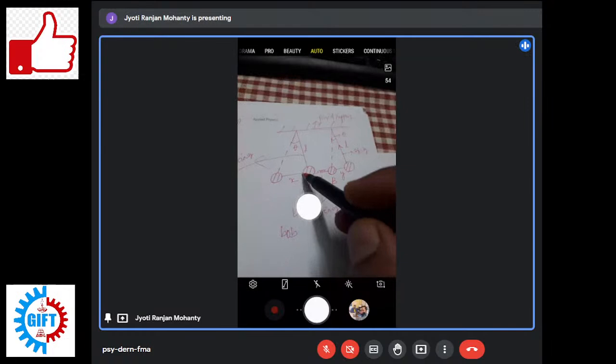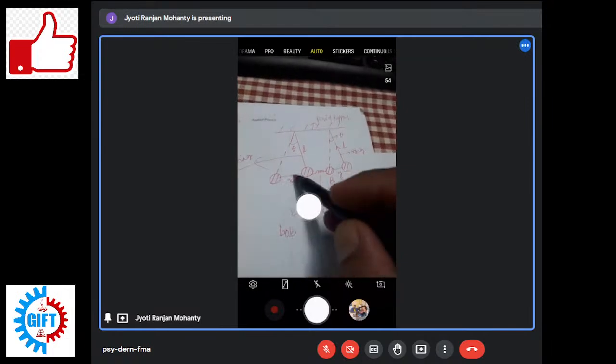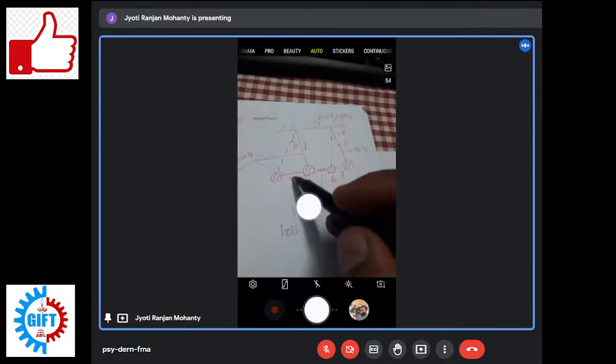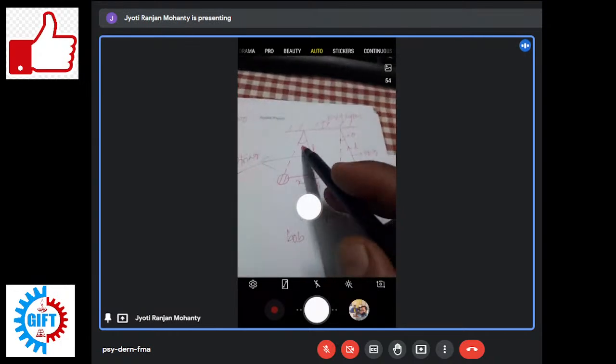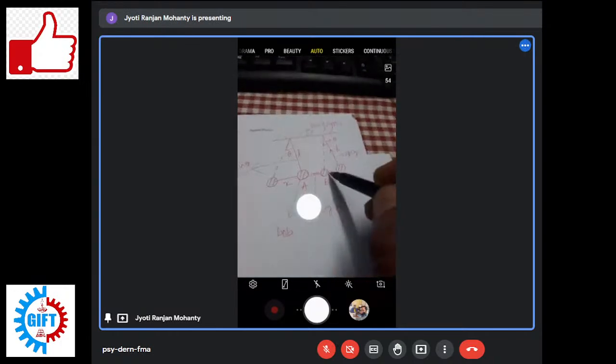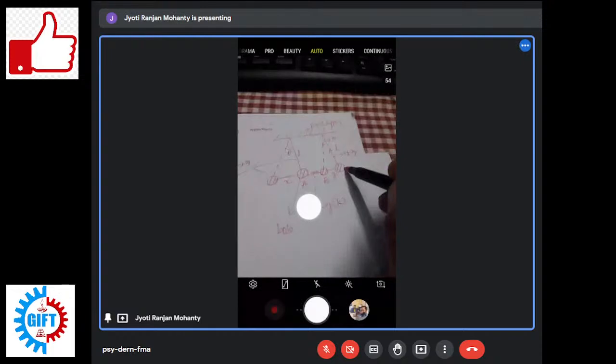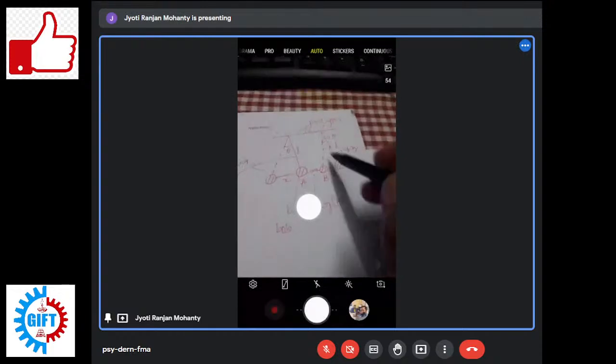Let the bob A move a distance of x towards left hand side, making an angle of theta. Similarly, bob B also moves along the right direction with a distance y, making an angle of theta.